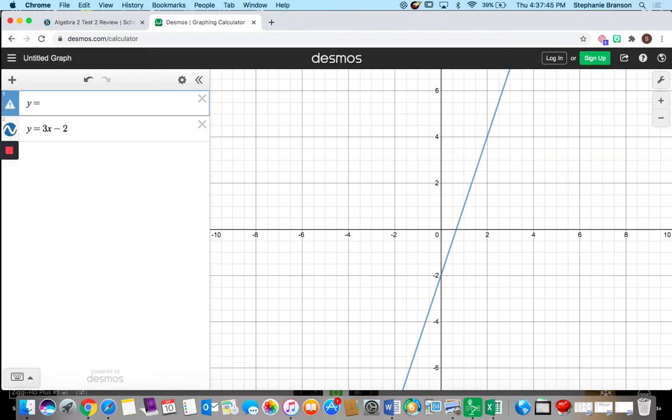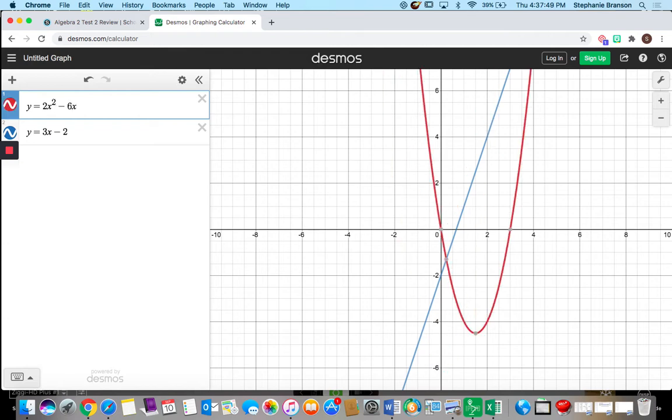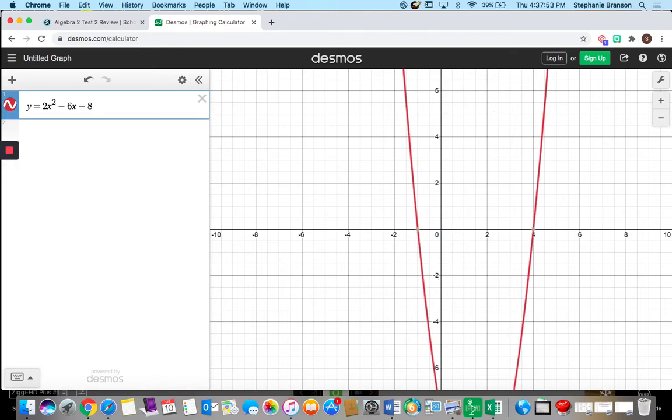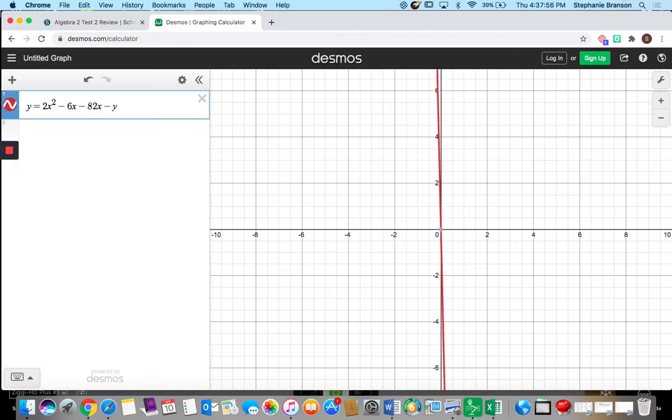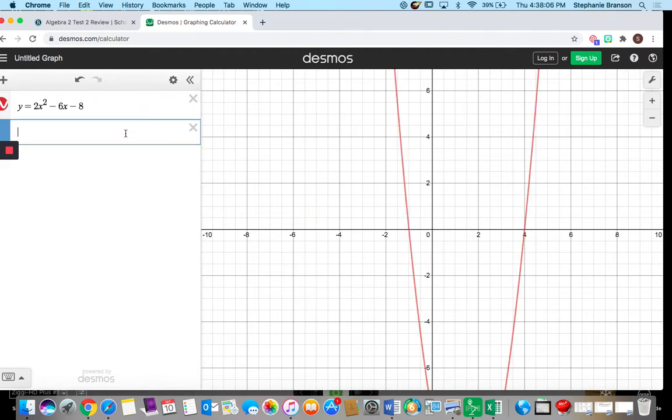So I've got y is equal to 2x squared minus 6x minus 8, and 2x minus y is equal to 16.